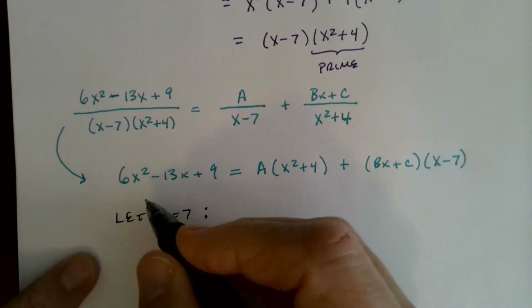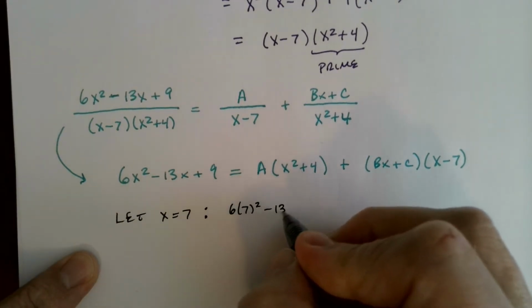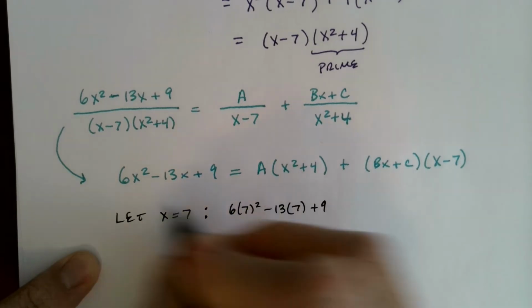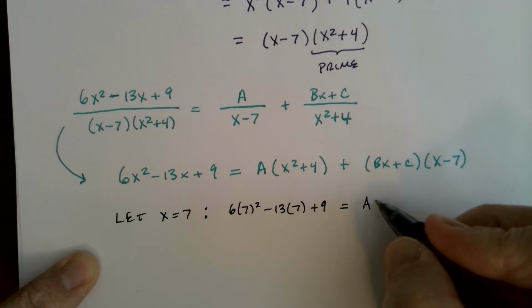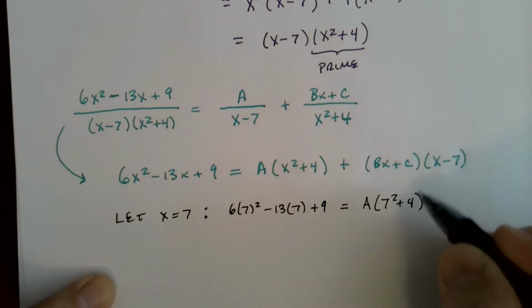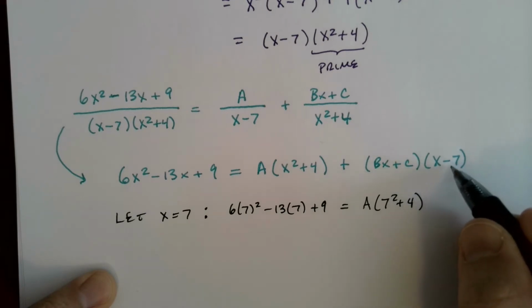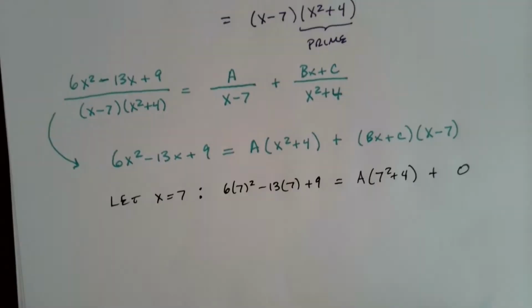And when I do that, I get 6 times 7 squared minus 13 times 7 plus 9 on this side when I let x be 7. Here I get a times 7 squared plus 4. But then when I plug in 7 here, this is 7 minus 7. This is 0. This whole term right here is 0, right? Gone to 0.